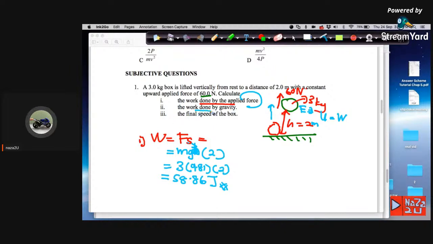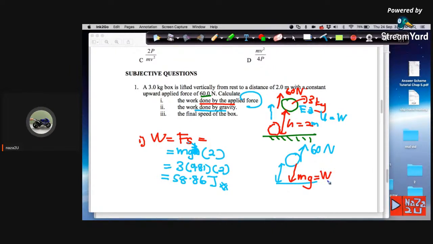And the next is work done by the gravity. So when the object ataupun objek yang berada pada ketinggian yang ni, selain daripada kita ada 60 Newton force yang mengangkat jasad ini ke atas, kita ada juga ada satu daya lagi yang kita rujuk kepada weight force, iaitu kan kita dah bincang dulu mg, weight force. So W kat sini bukan merujuk kepada work done.